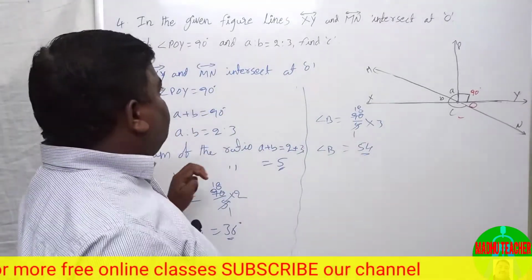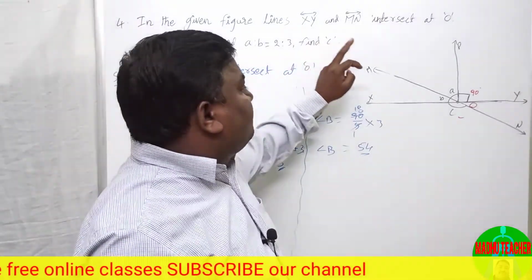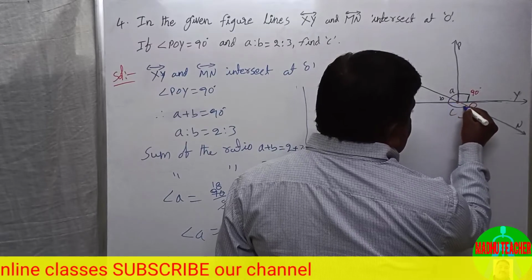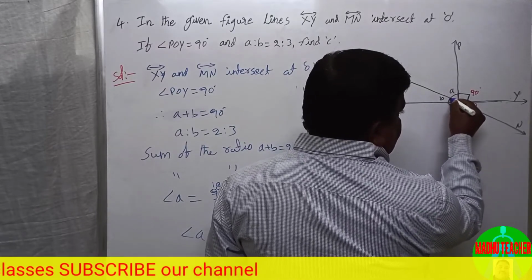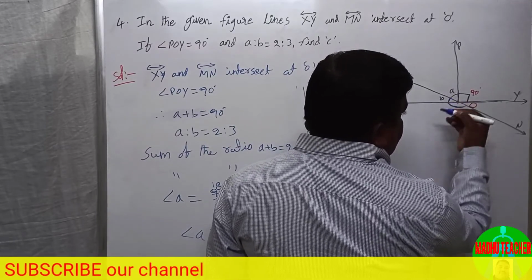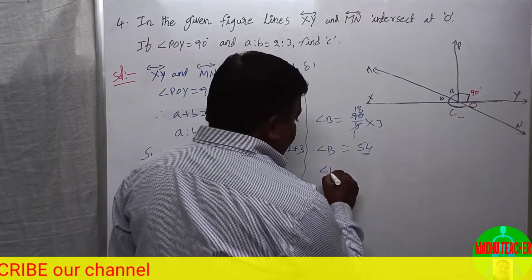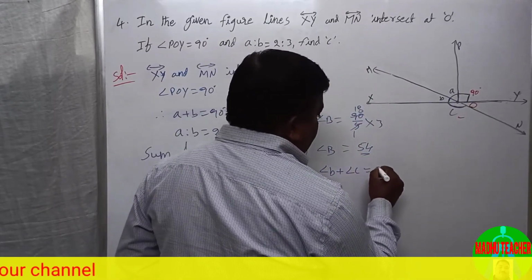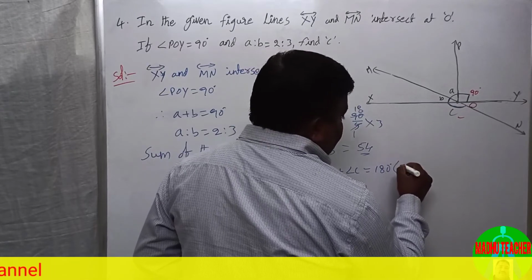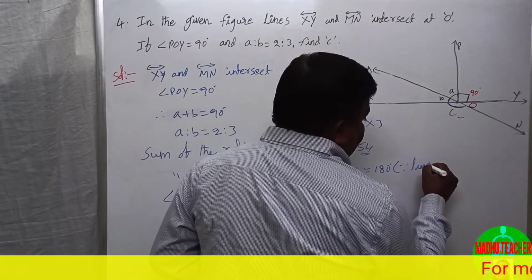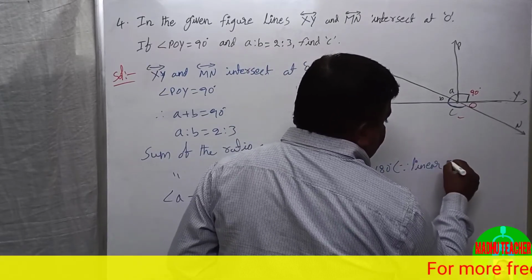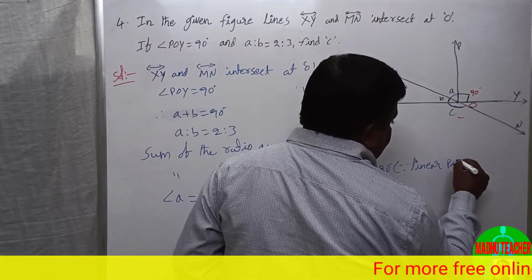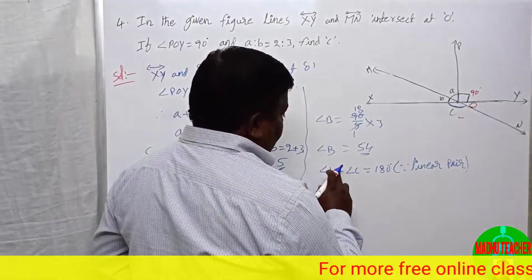But our question is asking to find C. So you have to find this C. By observing this, angle B and C are a linear pair. So angle B plus angle C equals 180 degrees, since linear pair. What is the B?